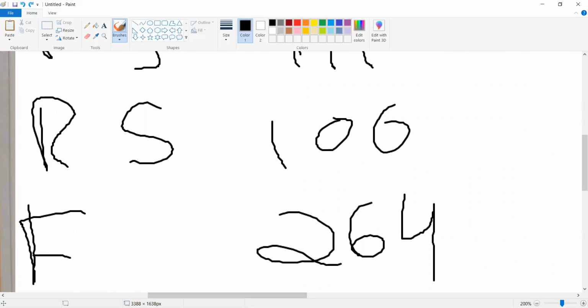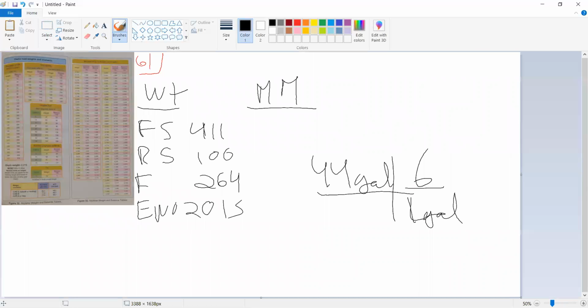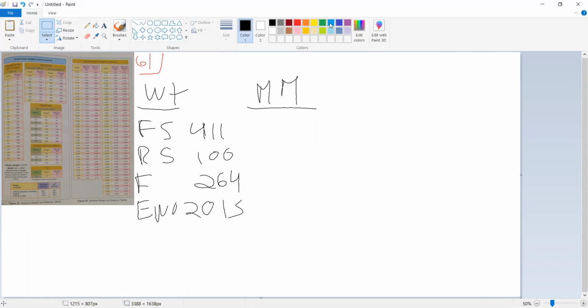So we can write that data right here. Now we have to write the moment. 2015, and we know that the moment is 1,554.